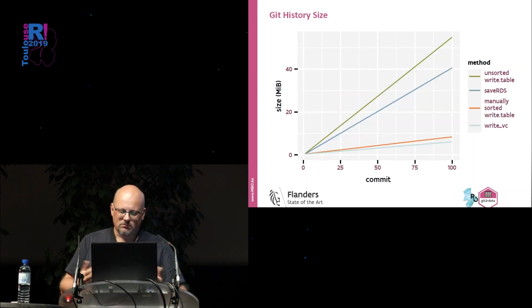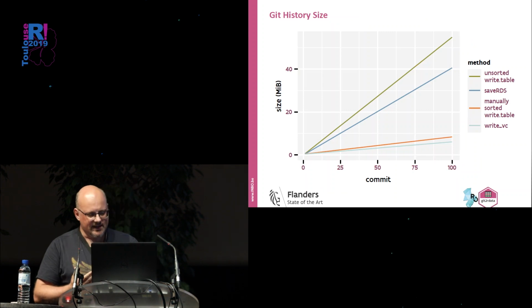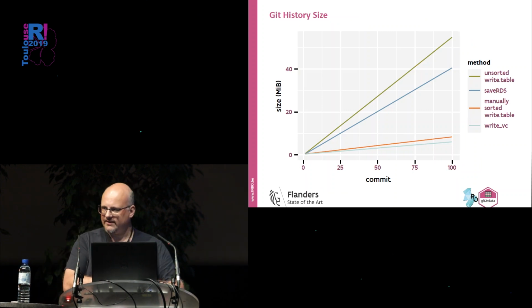So let's see what effect this has. We have used the airbag data set as an example. We took a 90% random sample, randomized the rows, randomized the columns, stored that to disk, committed the data, and repeated this process for 100 commits. If you do that and you store the data using a default write.table, then the Git repository size grows really fast.